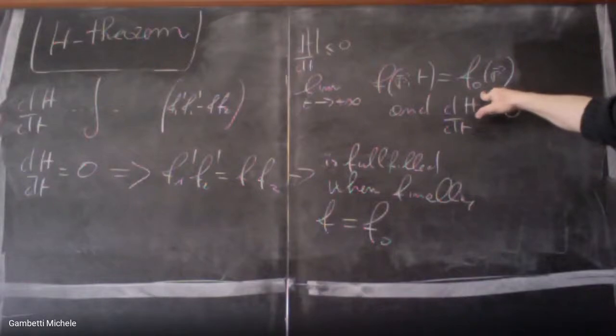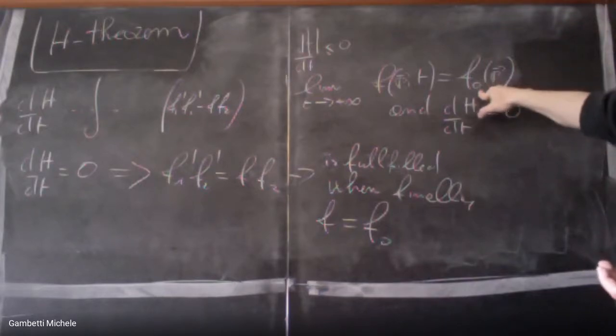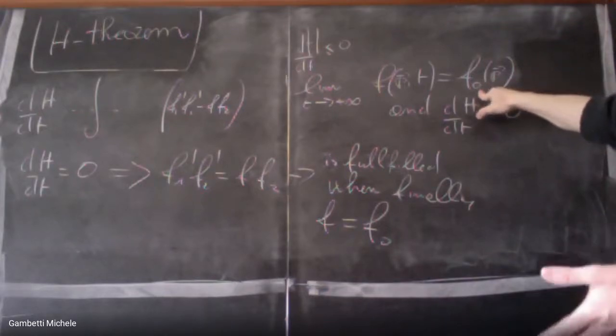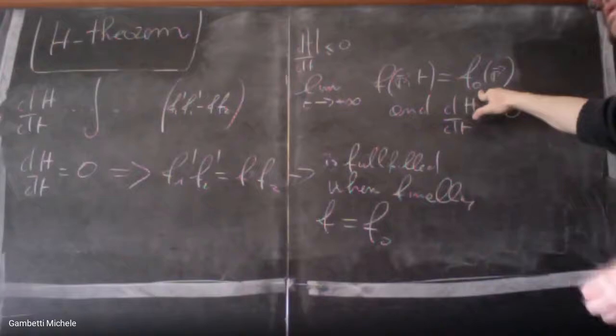So we start from a system which is out of equilibrium, and out of equilibrium now means that the distribution f is not f0. Thermodynamical equilibrium at a microscopic level means that my system has a distribution of momenta which is the Maxwell distribution.